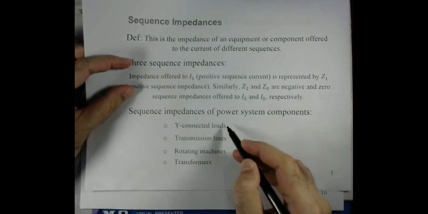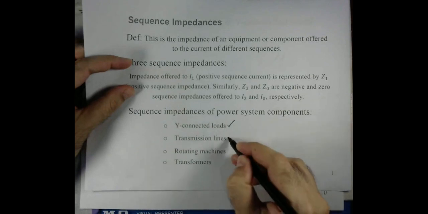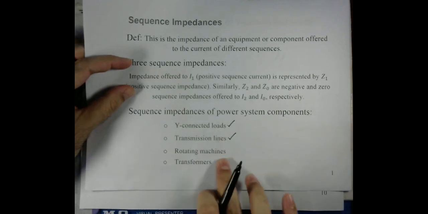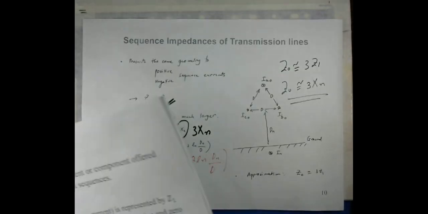We have now covered the Y-connected loads and the transmission lines. Now we will talk about the rotating machines, for instance synchronous generators, and discuss the sequence network.